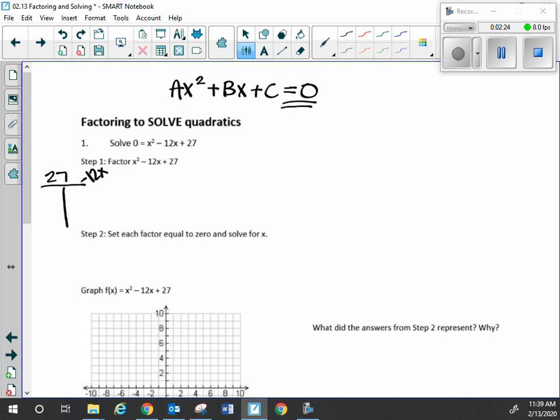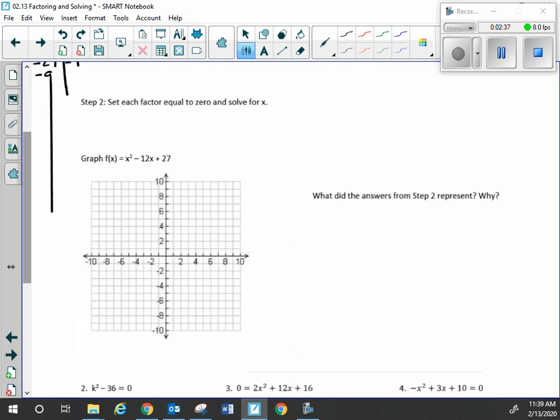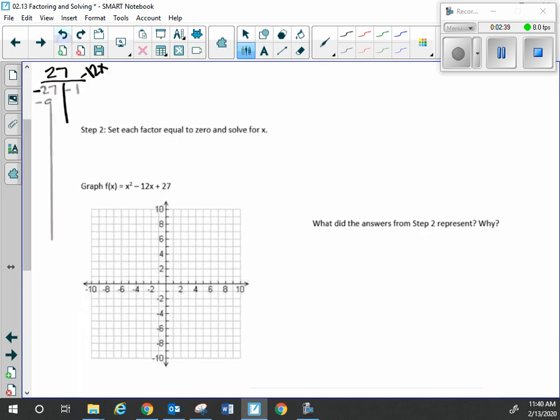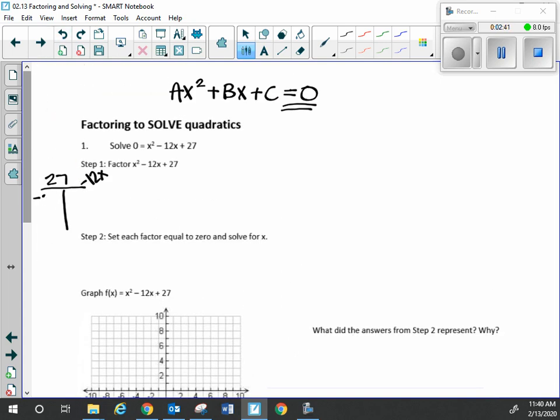So what needs to be true about my factors? They both have to be negative. So negative 9 and negative 3. Everybody seems to be in agreement there. Yes? Okay.